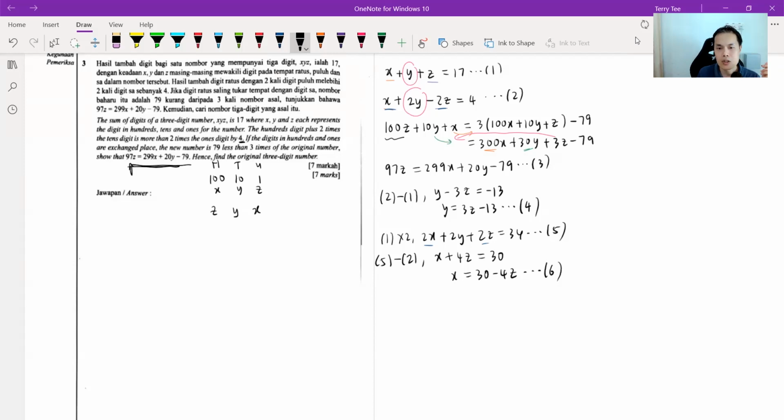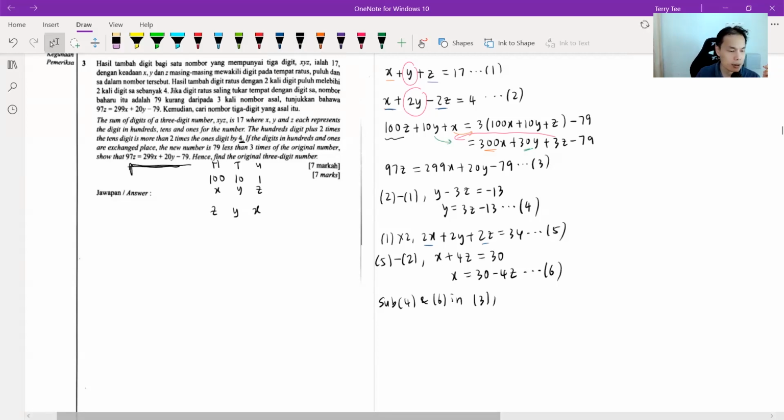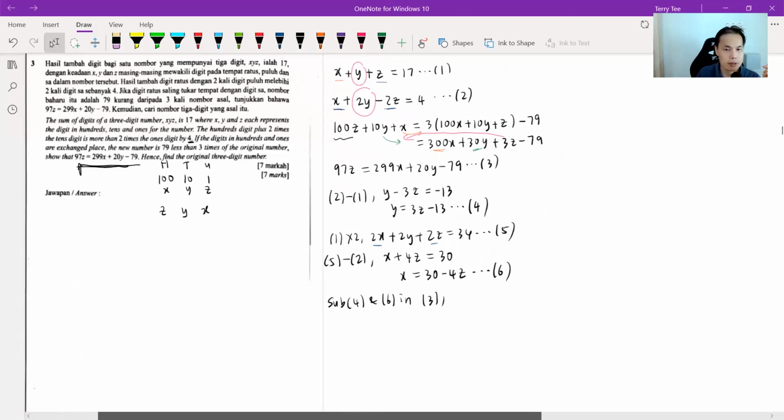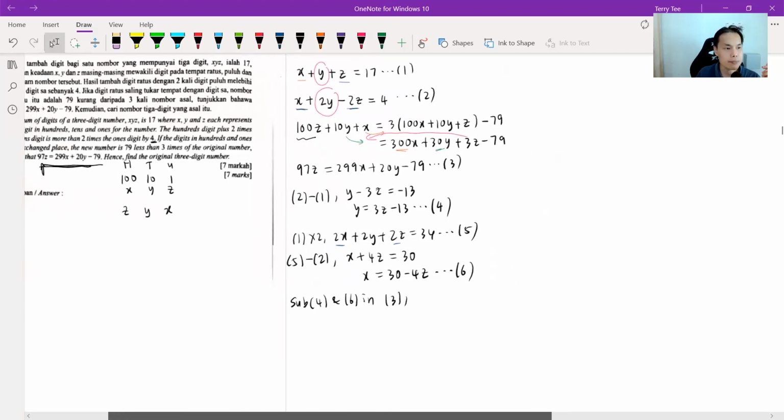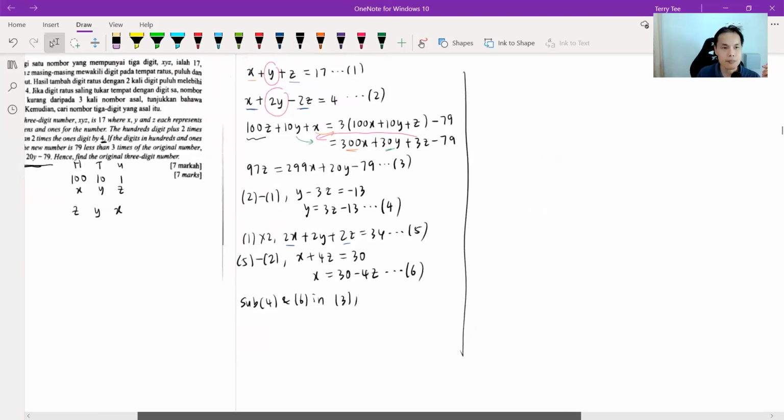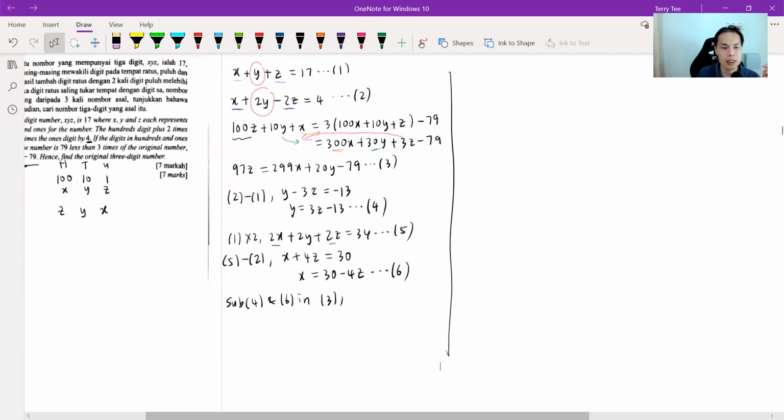Okay. So once I got this equation, I'll just sub equation 4 and 6 inside equation 3. Maybe I move this a bit to the right hand side, so you can see I got more space here. It's easier, more space to work it out. When I sub inside, I don't write x anymore.